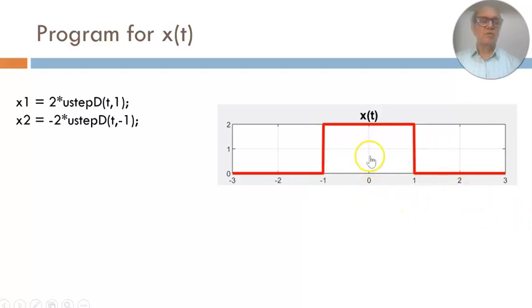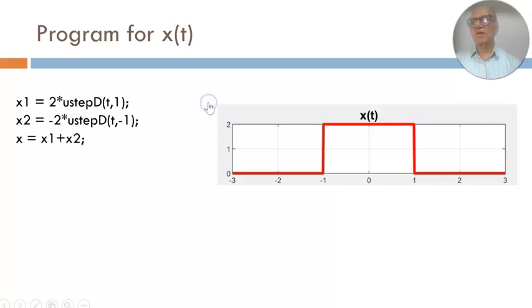And when you add the two, the first portion remains as it is, but after 1, the two will combine to give you 0 here. So note that the generation of xt is slightly different. ht was segment by segment, and then we simply put sequences one after the other. In this case, xt is generated by two shifted unit step functions, appropriate unit step functions, and then adding them.